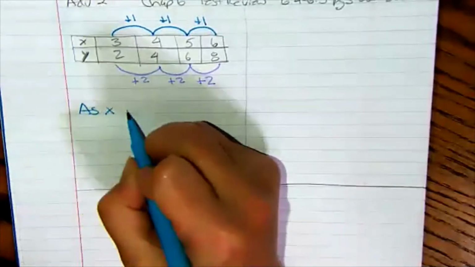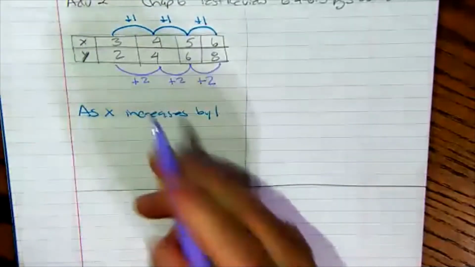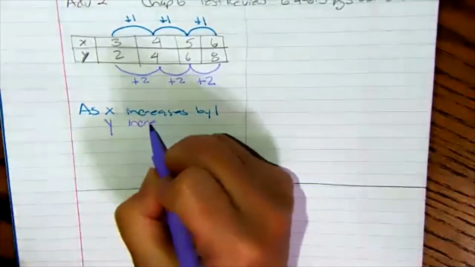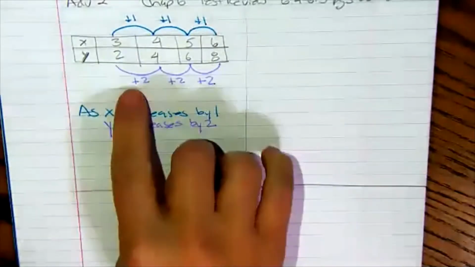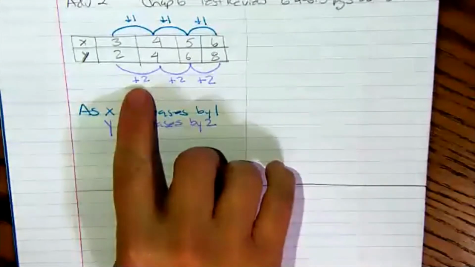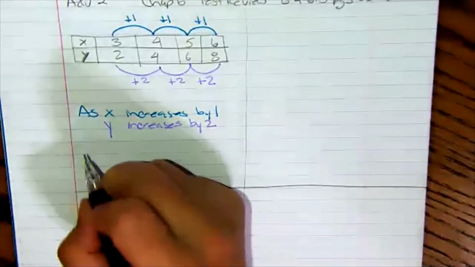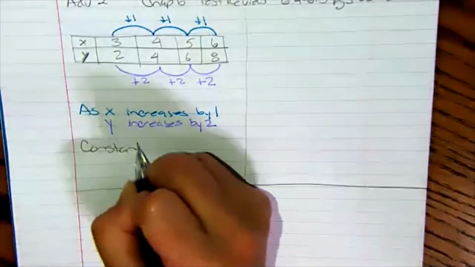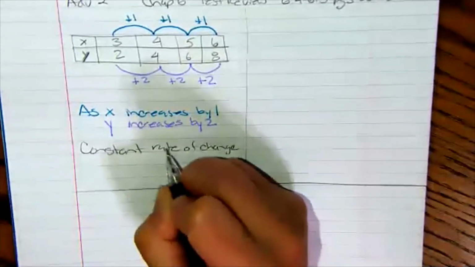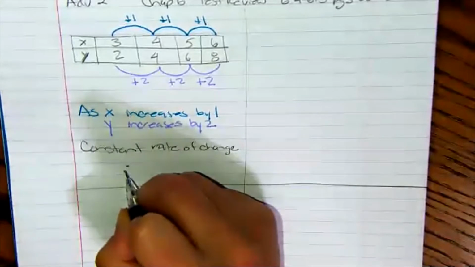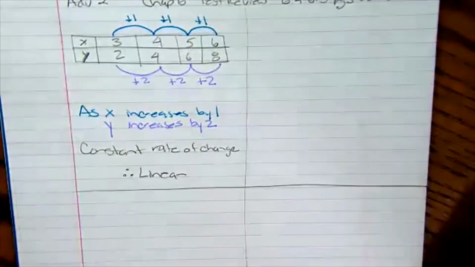So as x increases by 1, y increases by 2. Since this is a constant increase, +2, +2, +2, we do have a constant rate of change. Therefore, this represents a linear function.